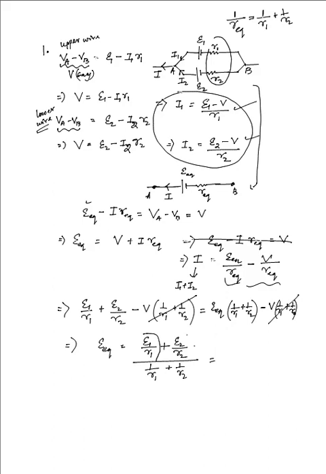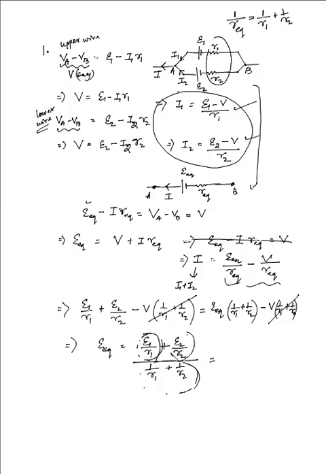So current divided by the reciprocal of resistances gives me current times resistance. These two current terms divided by the reciprocal of the resistance give me current times resistance, and so that won't be a problem.